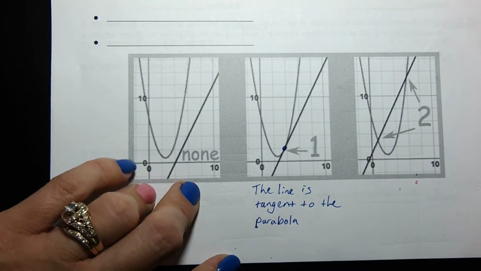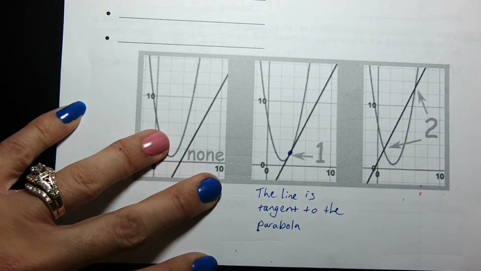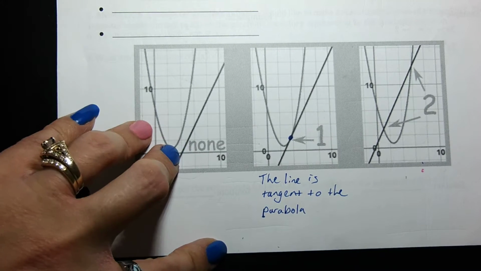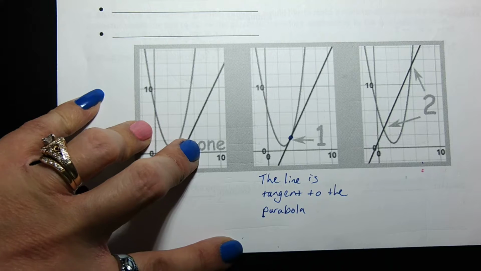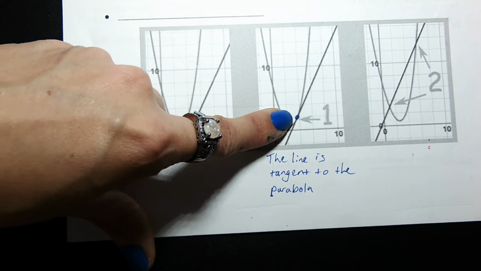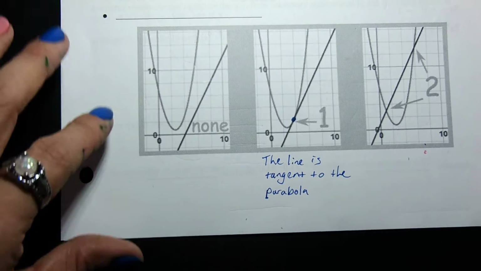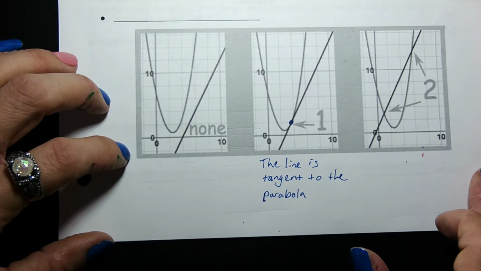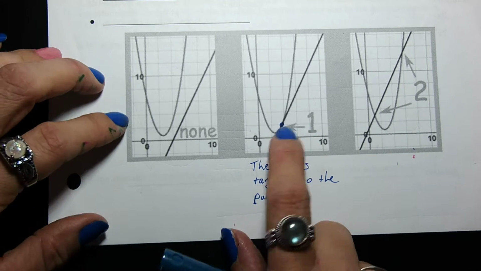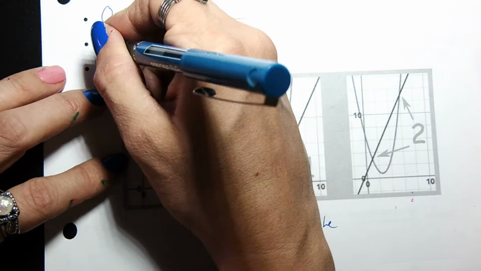When it's tangent to something, it touches in only one spot. So maybe a term that you heard before in geometry where you have something tangent to something else, 2 shapes that are tangent to each other, they only touch in one place, where a secant would be touching in 2 places. So one real solution is a possibility.